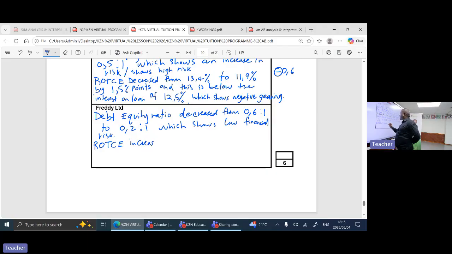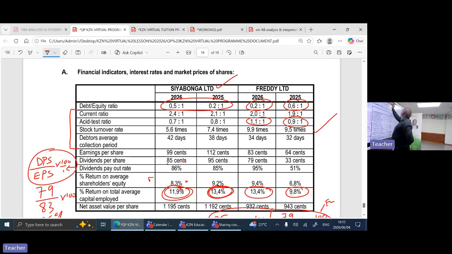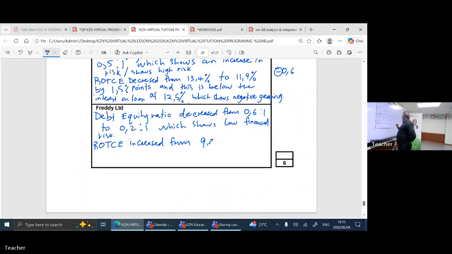ROTE increased from 9.8% to 13.4%. 13.4 minus 9.8 gives me 3.6 percentage points. Right? That's what we mentioned, by 3.6 percentage points.